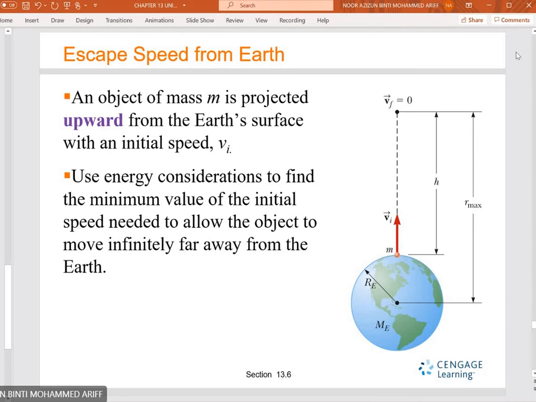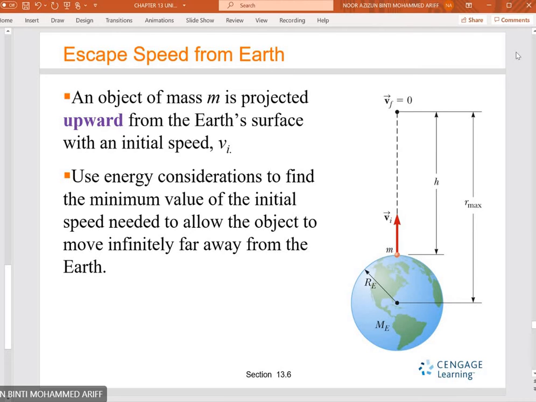It means when this object moves with this value of escape speed with respect to Earth, and then when it goes to outer space, its condition is that it is no longer able to be attracted back to the Earth.